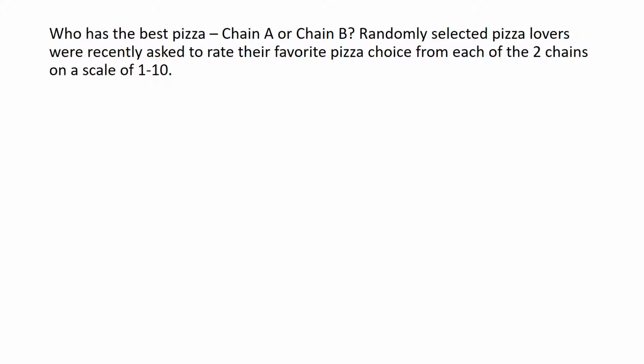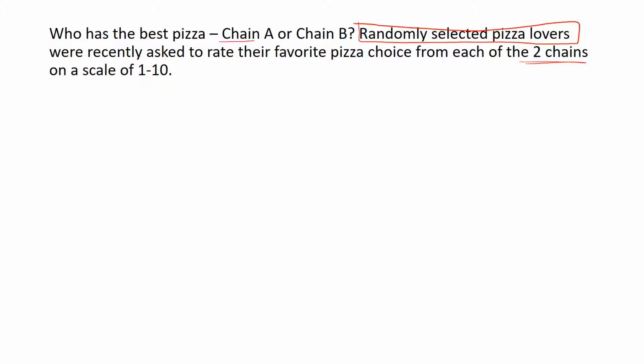In this example, we have only one sample, randomly selected pizza lovers. Each person was still asked to rate their favorite pizza, so we have only one variable and it's still quantitative. But now each observation is the difference of two related numbers because each person rates their favorite pizza from each of the two chains.